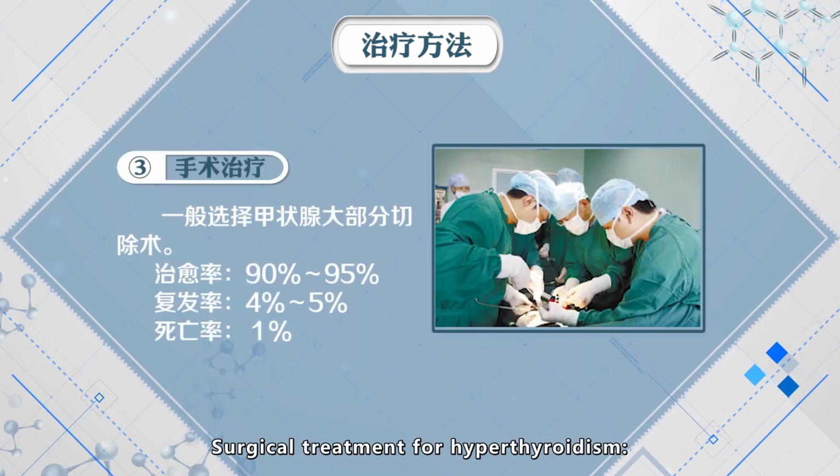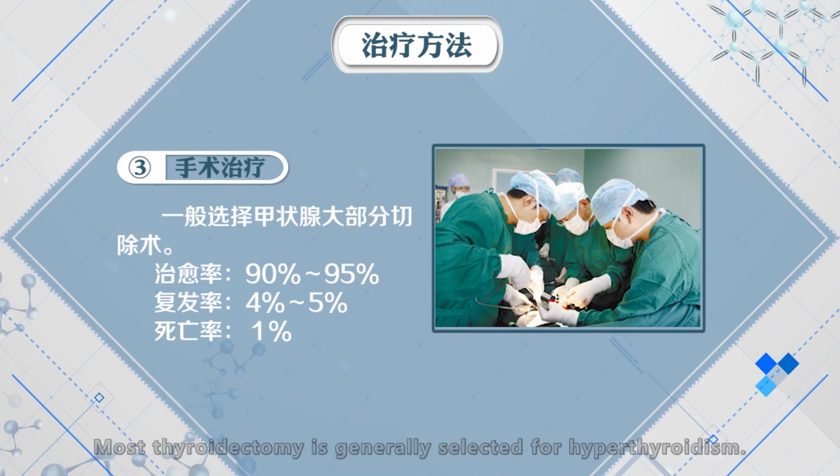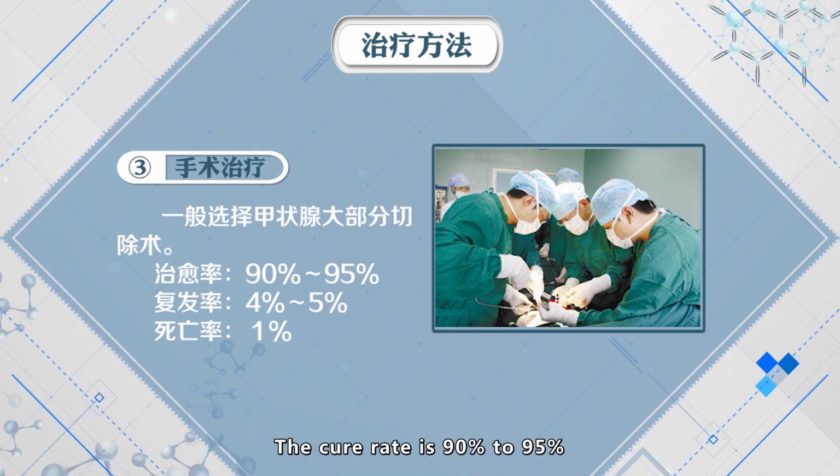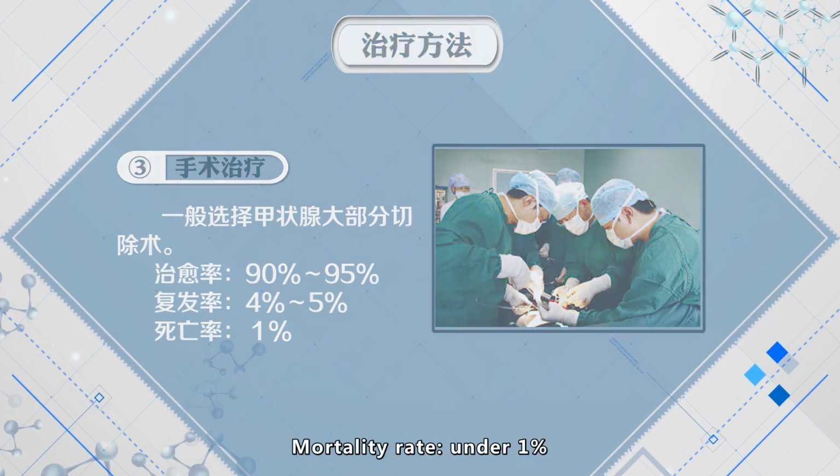Surgical treatment for hyperthyroidism. Most often, subtotal thyroidectomy is selected for hyperthyroidism. The cure rate is 90% to 95%, recurrence rate 4% to 5%, mortality rate under 1%.